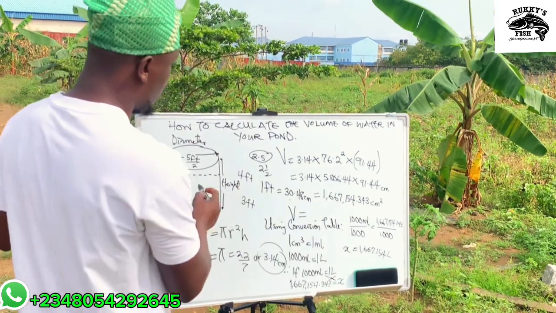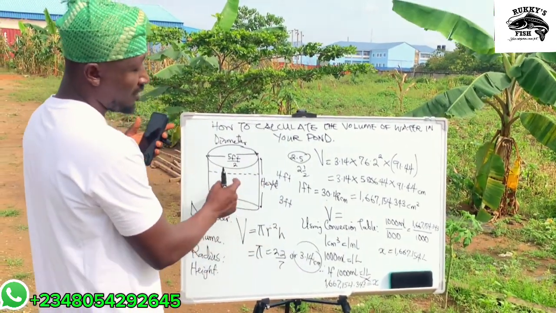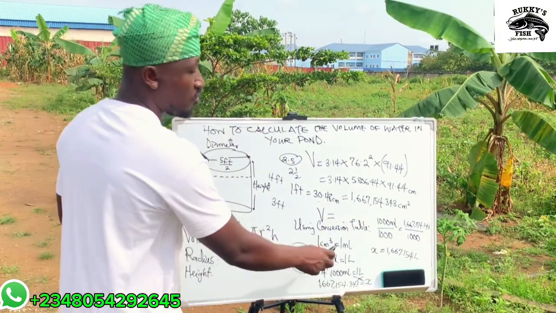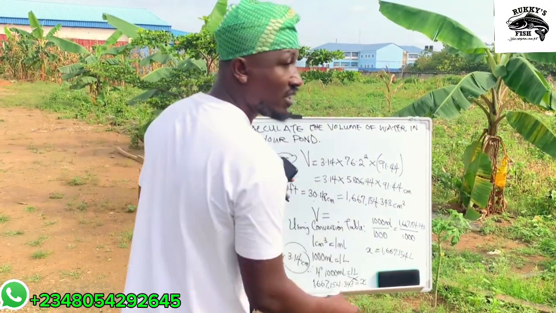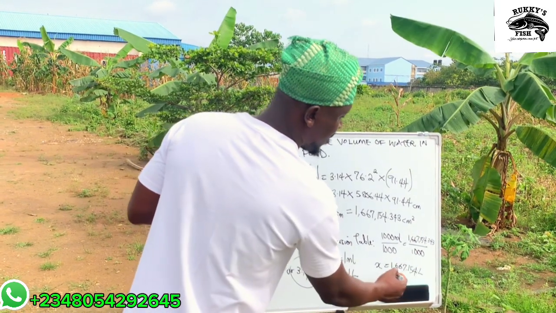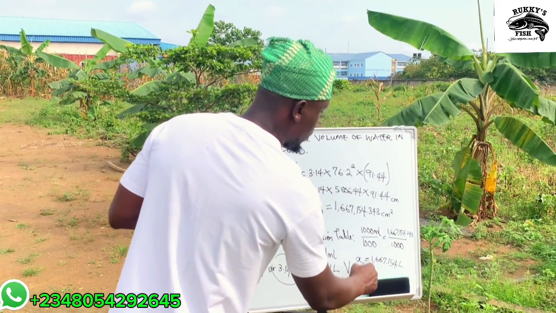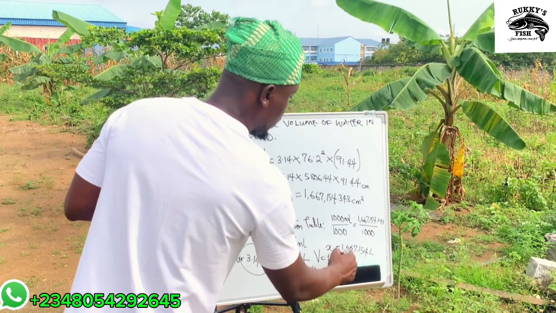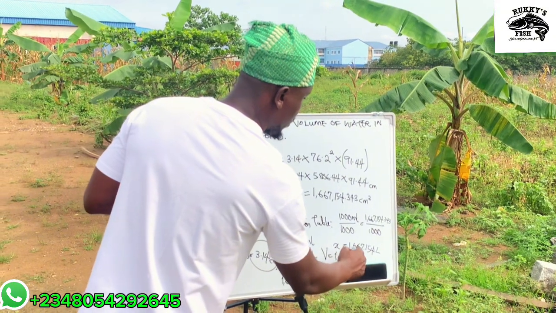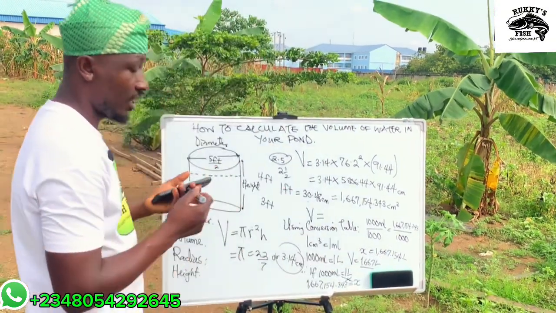So the volume of water that this size of tank can contain is 1,667 liters. We just approximate this to the nearest whole number. So volume is equal to 1,667 liters of water.